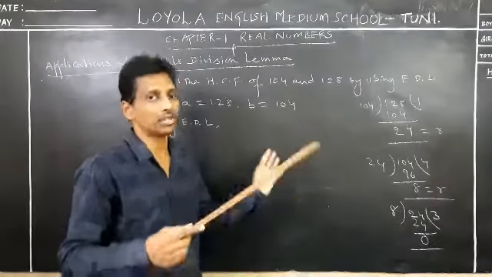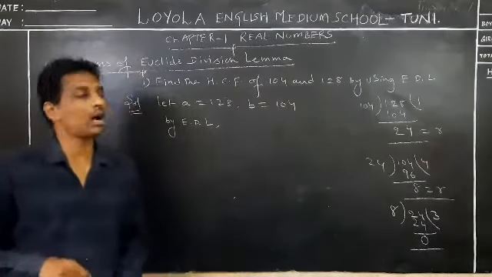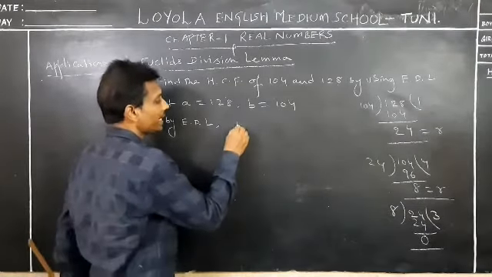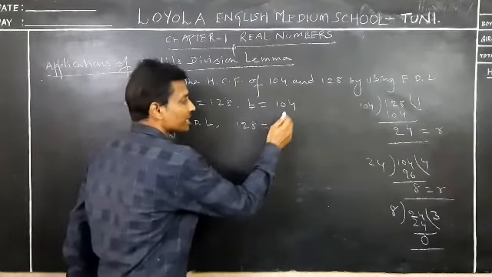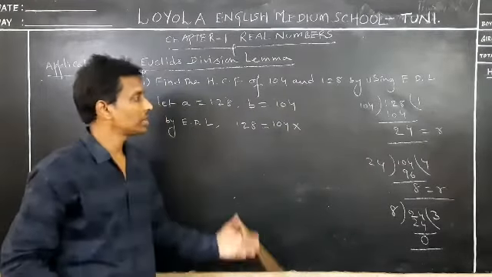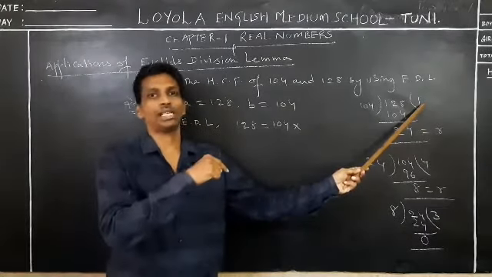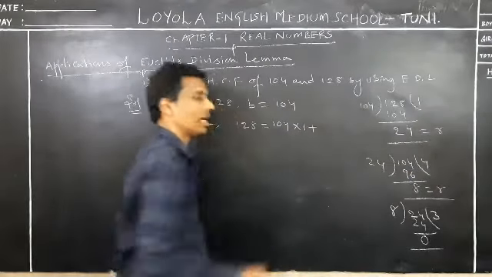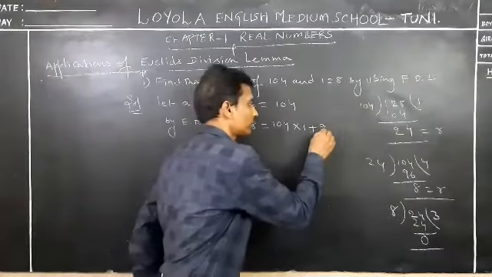What we might have studied in Euclid's division lemma, A equals BQ plus R. So A is 128. 128 is equal to BQ plus R. B is 104. If you observe, what is the coefficient in first step? 1 is the coefficient. And then you write a remainder 24.